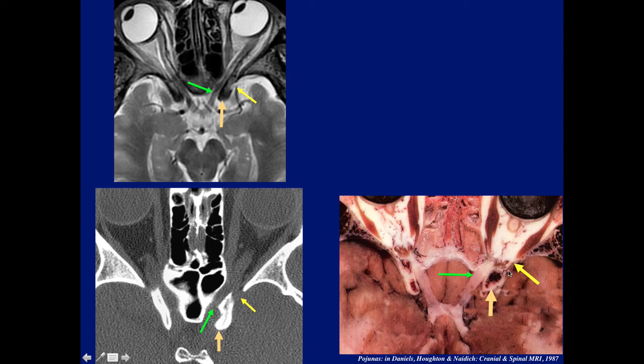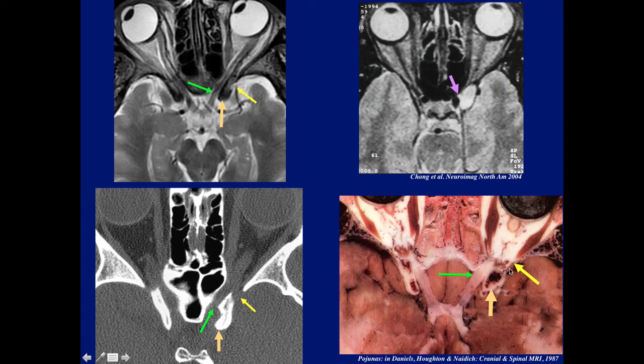This is the little notch for the superior orbital fissure. So if we now go back to this case, here's that little tumor going through the superior orbital fissure. Right over here, it would be sitting right over here.